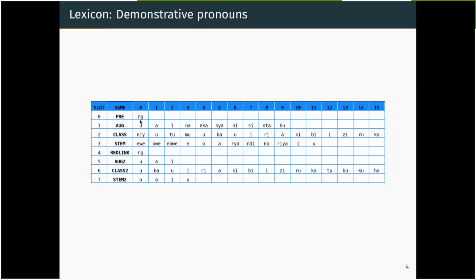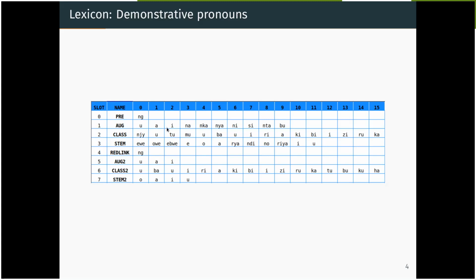So you have ng, then you add u, then you add another u, and so nguyu. Of course, when you combine them, you are going to apply the morphographemic rules, which gives you the final string. But when you look at the lexical form, this is the actual lexicon for the demonstrative pronoun.